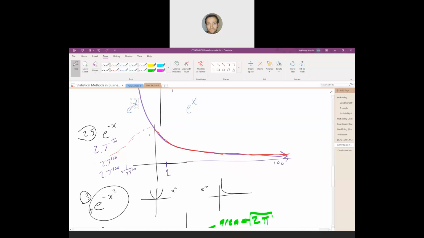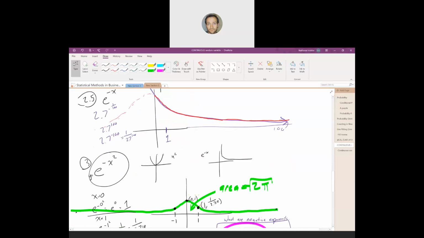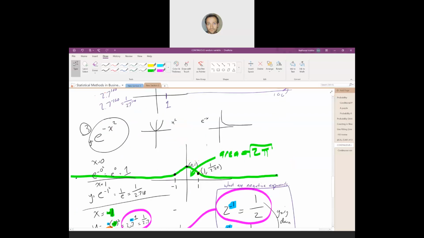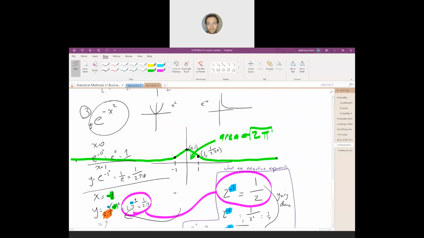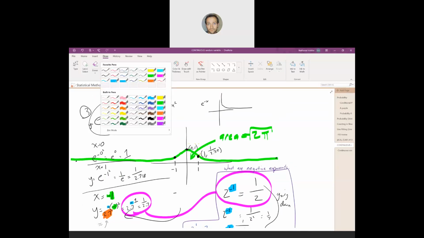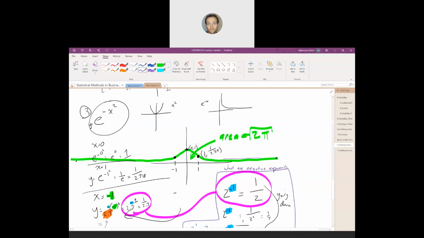Because if you square a number, if it's a negative number, then you get a positive number. And so the result is you get something that looks like this, where this would be like e to the minus x.